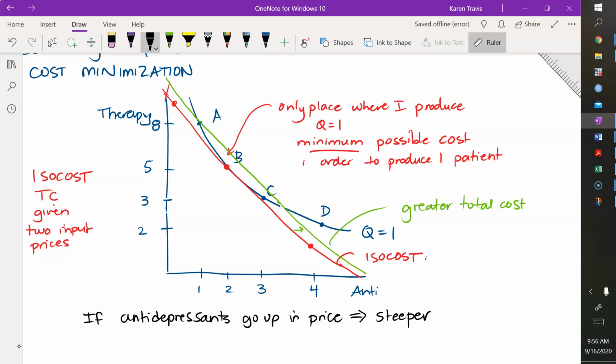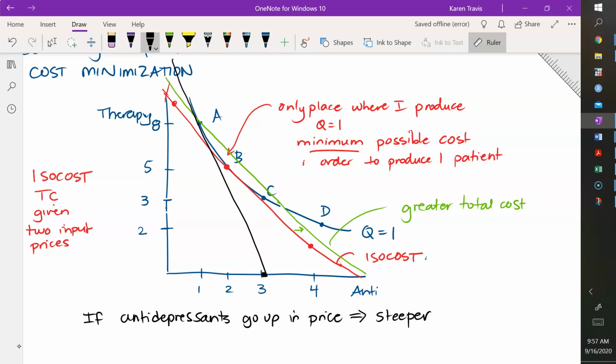And if the isocost gets steeper, then with our given total cost, we can't afford so many antidepressants anymore. And so if our total cost that we had is the same, but the antidepressants got more expensive, then that's going to rotate our isocost.